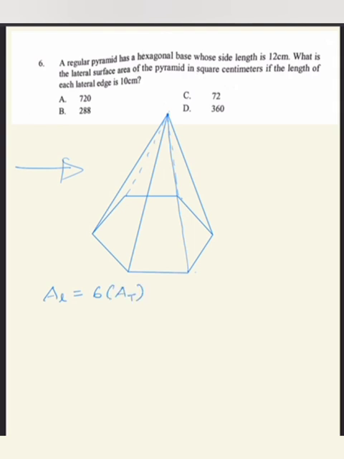Okay, የአንዷን ትራያንግል ኤሪያ ካገኘን በ6 እናበዛለን. የተሰጠን ነገር ምንድነው? lateral edge 10 ነው ተብለናል. Okay, lateral edge ማለት ይሄ ነው. The other information, the base edge is 12 ተብለናል. እቺን 12 እናደርጋለን. So ምን ያስፈልገናል ማለት ነው? Slant height ያስፈልገናል. Okay, we construct a slant height like this.